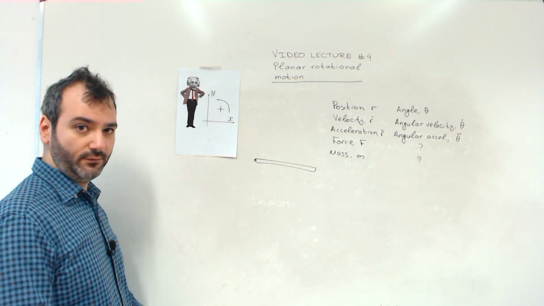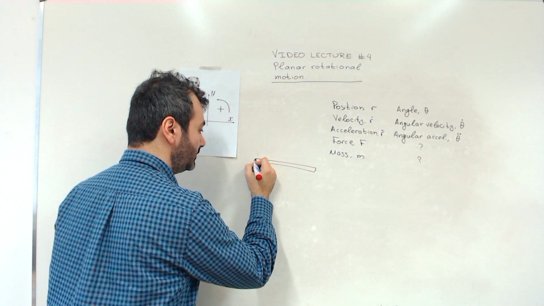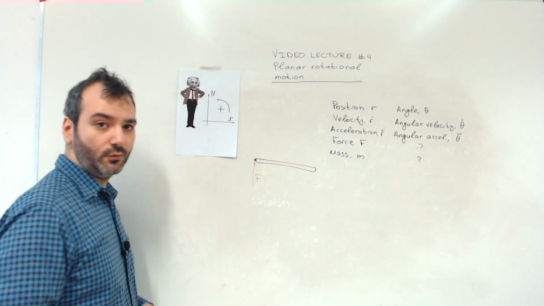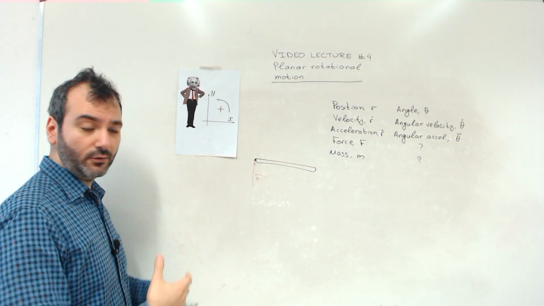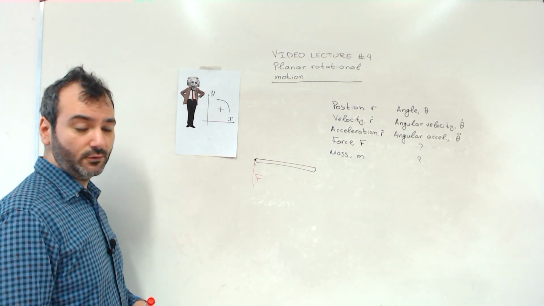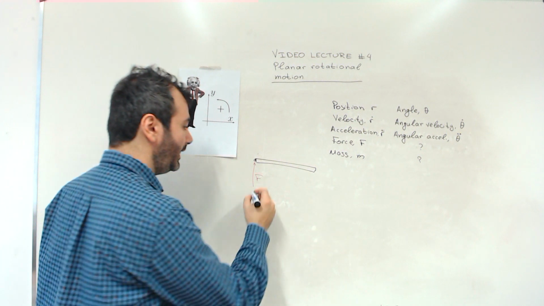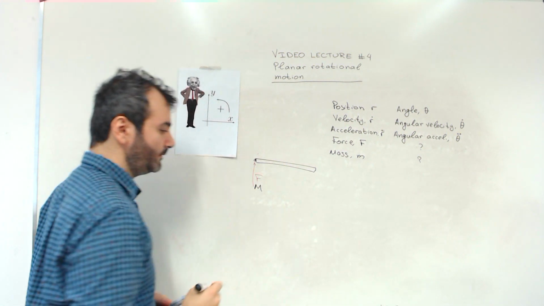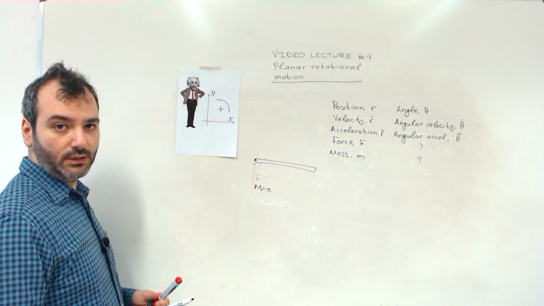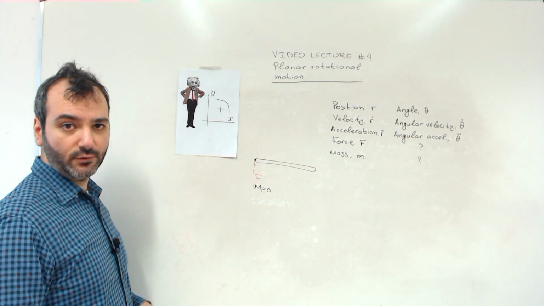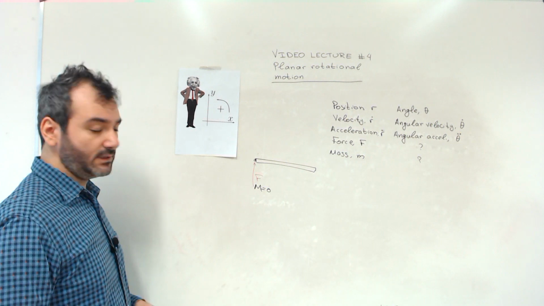Yes, but what if you apply the force over here? Then the door will not rotate. The effect of this force on the rotation of the door will be zero. Let's define that effect by m. Then m, in that case, for this force will be zero. But you will say, no, we have to apply the force somewhere that is reasonable.